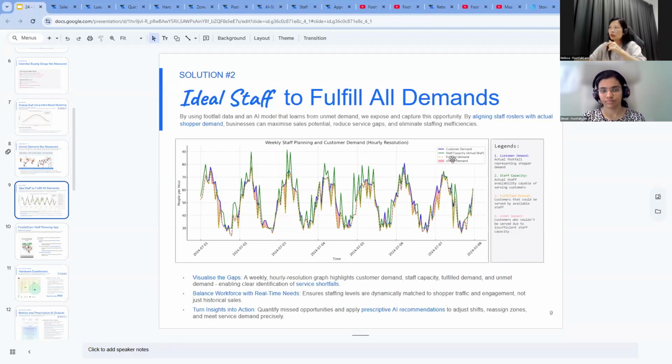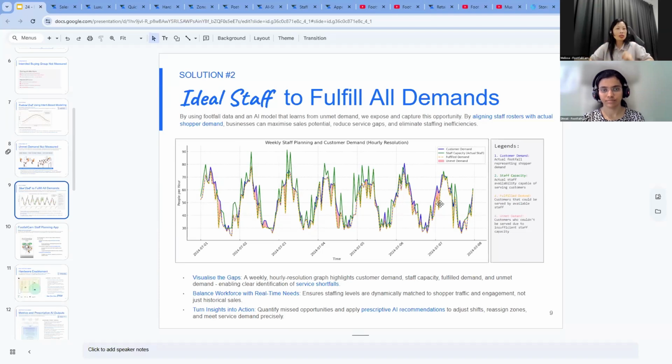Then you have the fulfilled demand, based on your sales data, which is who was actually successfully served and whose shopping experience was complete. The gap between the actual demand and the fulfilled demand, limited by the staff capacity, is your unmet demand, which is this salmon color area in between the actual demand and the staff capacity.